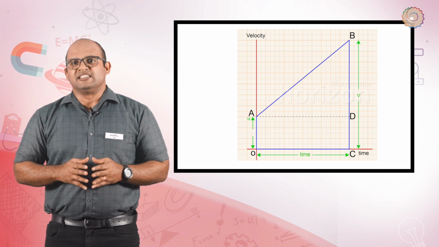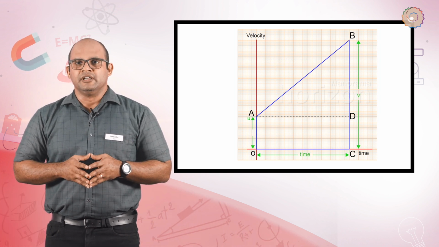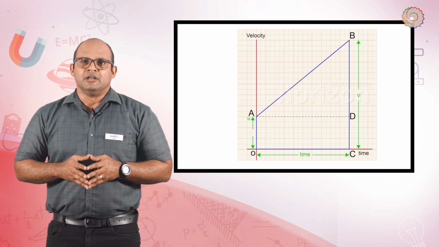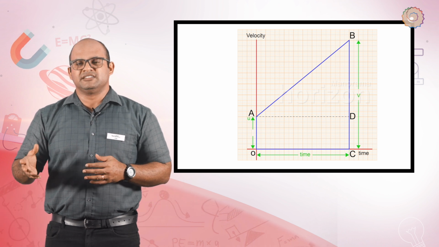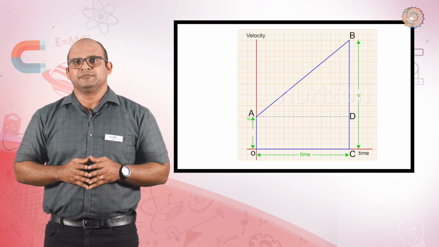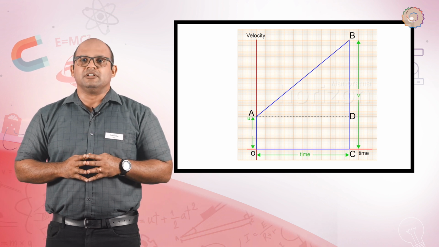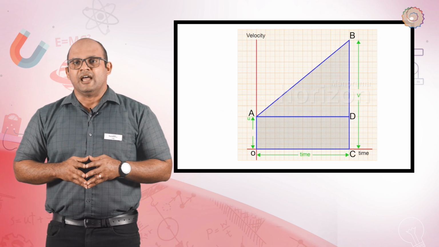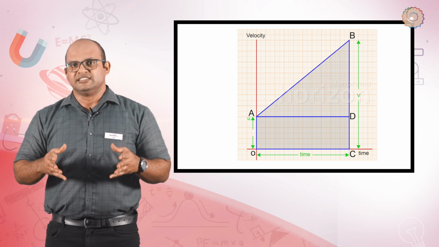As in the previous case, the line segment OC, which forms the base of this quadrilateral, is the time interval over which the observation is made. We draw a line AD, which is parallel to OC, which splits the segment BC into two parts. We observe that we can look at this quadrilateral as the combination of a triangle and a rectangle, and we can compute the areas of the triangle and the rectangle separately.